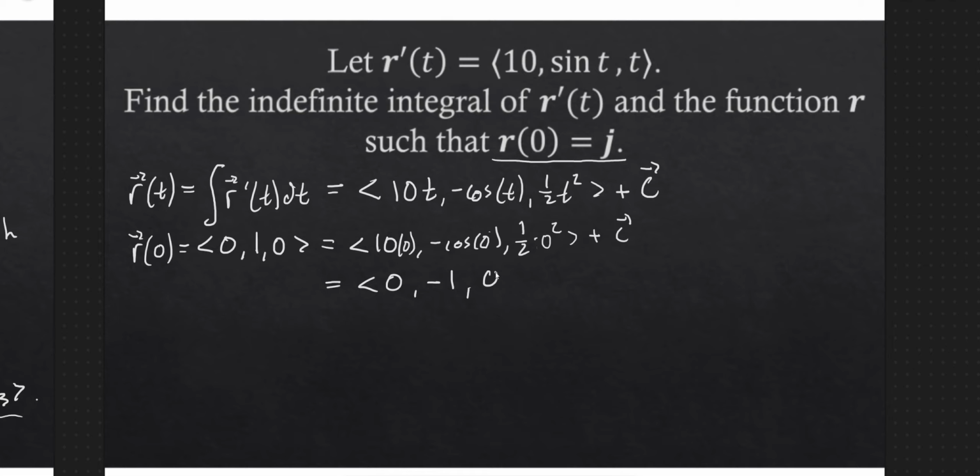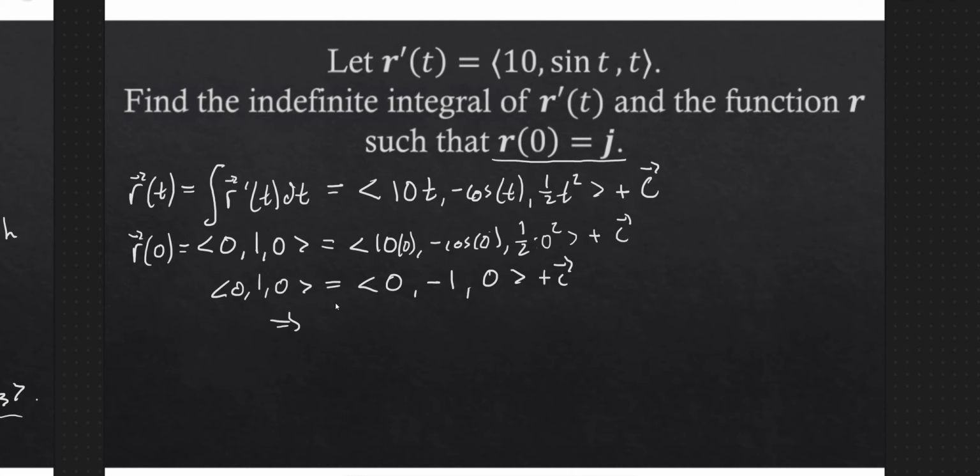And then here I get 0 as well, plus c. So what does my c need to be in order for 0, 1, 0 to be equal to 0, negative 1, 0 plus c? Well, it must be that c is 0, 2, 0.